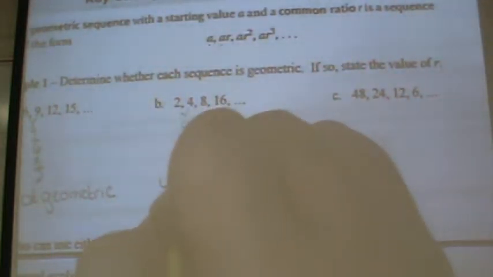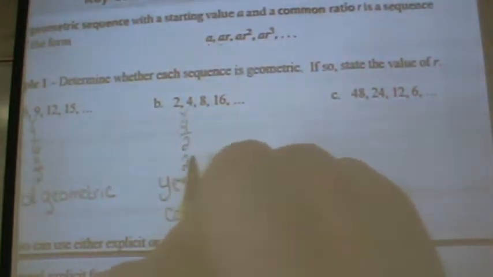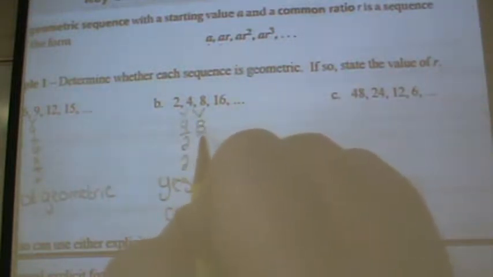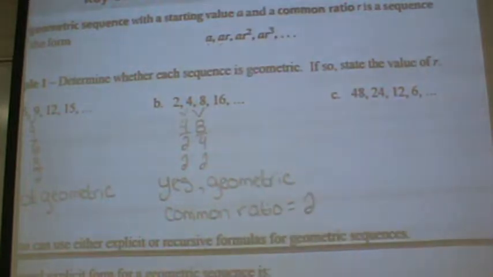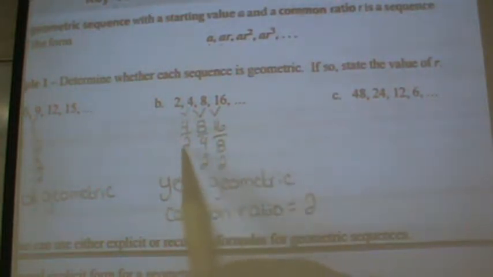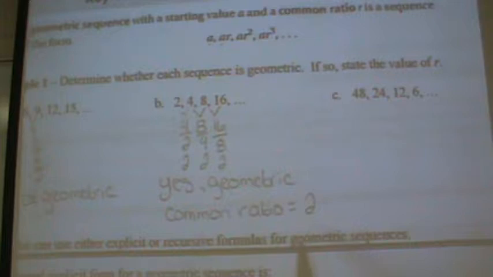What'd you say, Brandon? 4 divided by 2 is 2. Then 8 divided by 4 is 2. And 16 divided by 8 is also 2. So all of our ratios are the same. So that tells us that it's geometric.